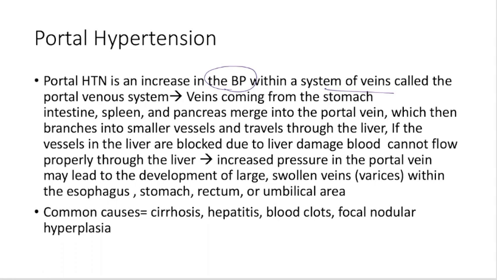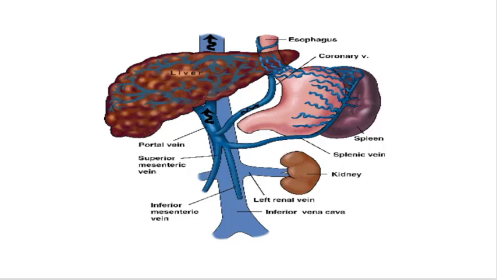The blood cannot flow. We get increased pressure, and that leads to the development of large swollen veins, varices, within the stomach, rectum, esophagus, and umbilical area. Again, your common causes. And there is just a look at the portal vein and how everything goes into it.